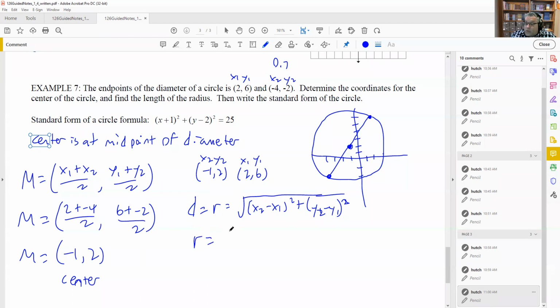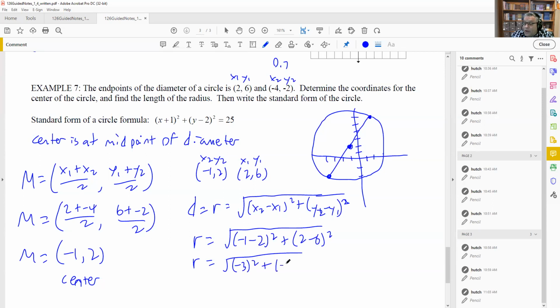So radius is equal to the square root of x2 minus x1, so I have -1 minus 2, quantity squared, and then y2 minus y1, 2 minus 6, squared. So that's the square root of -3 quantity squared plus -4 quantity squared.